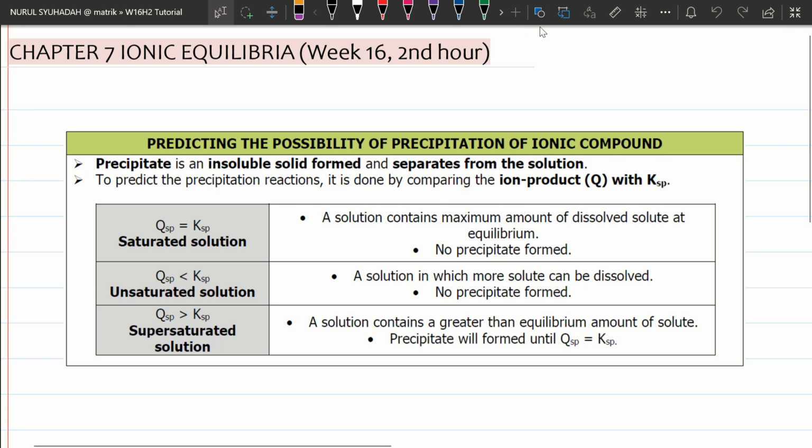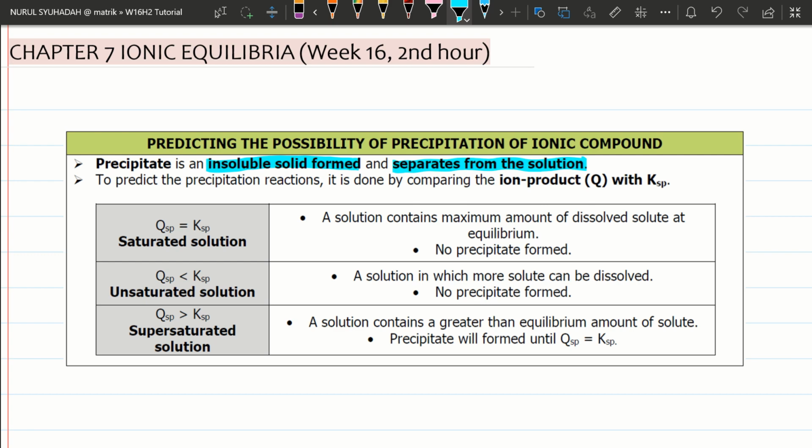Okay, first you need to understand, so what is precipitate? So by definition, precipitate is insoluble solid form and separates from the solution. Bila kita masukkan kita punya solid tadi, so kita kacau, kita nak tengok okay, berapa banyak yang tak boleh larut dekat dalam kita punya solution.